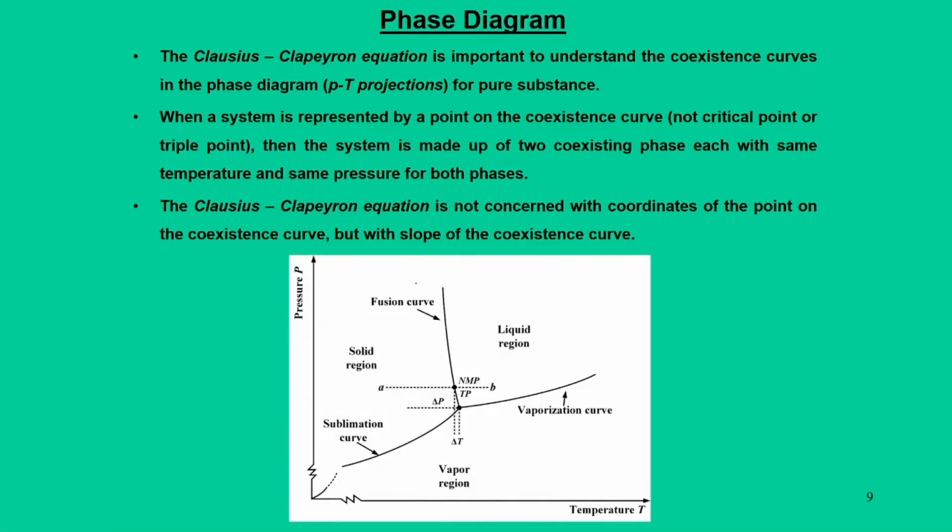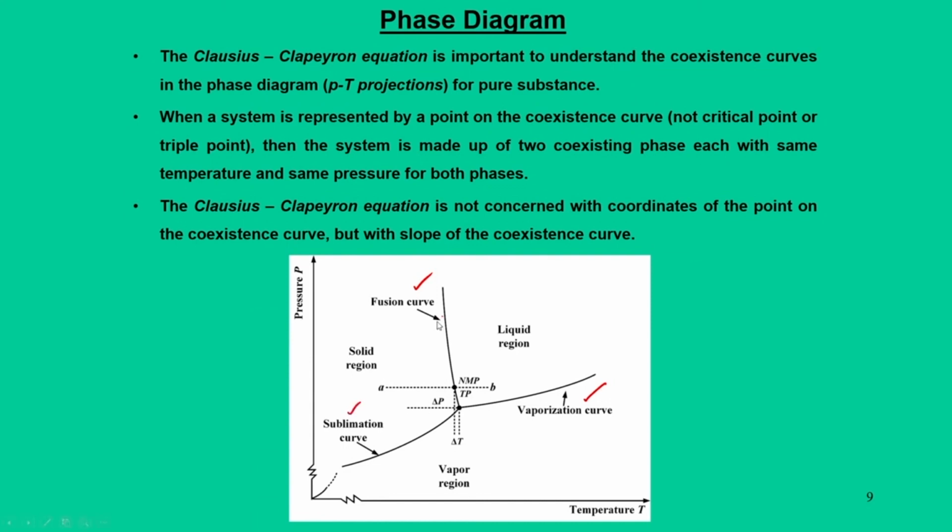Now, let us see how this Clausius-Clapeyron equation will be useful to study the phase diagram. As the name indicates, the phase diagram means pressure-temperature projections, and in these projections we have three distinct lines: one is the fusion curve, another is the vaporization curve, and the third is the sublimation curve.